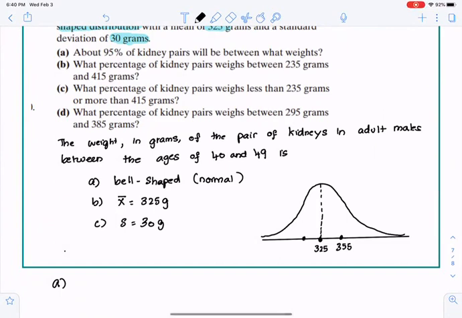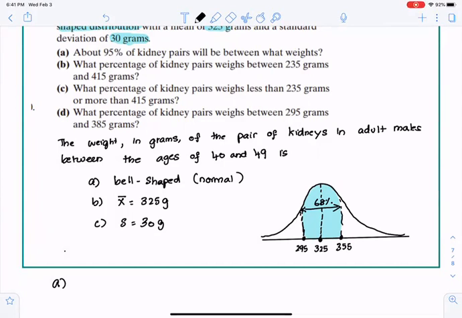Over there, I would have subtracted 30, so I'll have 295. And that area in blue would be 68%. Mind you, this is an approximate graph, not exact.